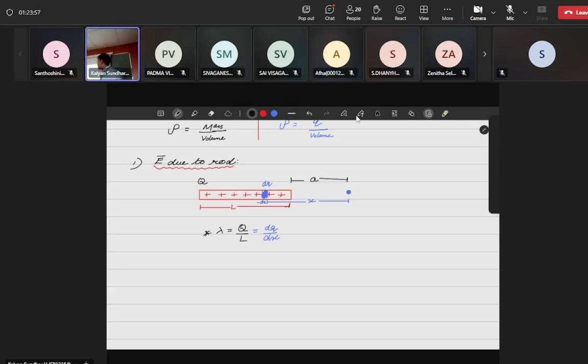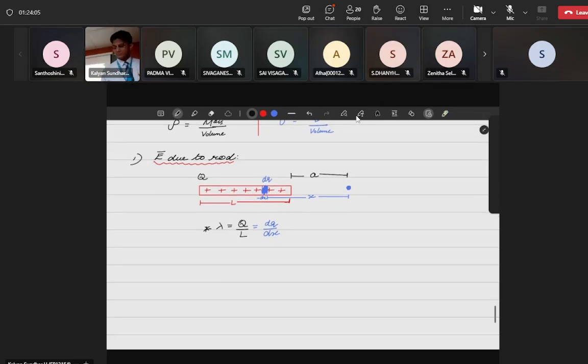Now for this point we have to find out the distance here. So what will be the electric field due to that small dq? dE will be equal to k into dq divided by x square.